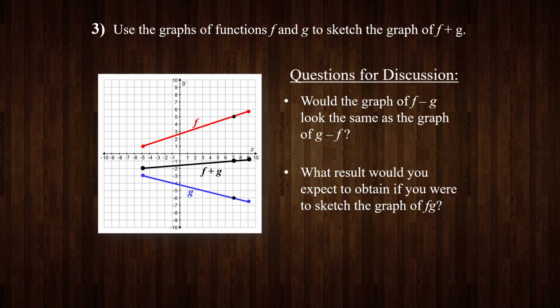What that portion of a parabola looks like for these two functions, you'd have to multiply to see. For example, you might not see the vertex of the parabola. You might just see a curved part of the parabola, but that is actually part of a parabola because you're taking an mx plus b times another mx plus b, which gives you, in this case, an x squared term. So it's going to be a part of a parabola.